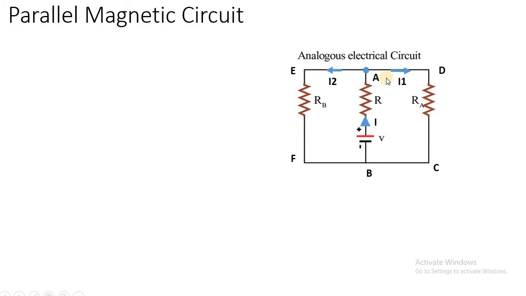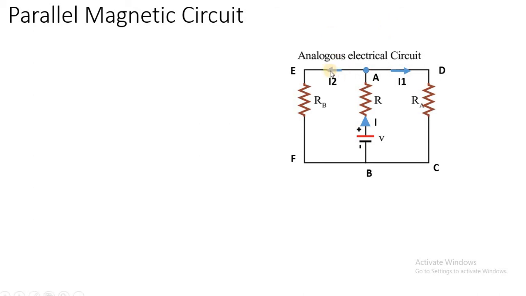So now tell me, I1 is flowing from which point to which point? Yes, A to D, D to C, and C to B.